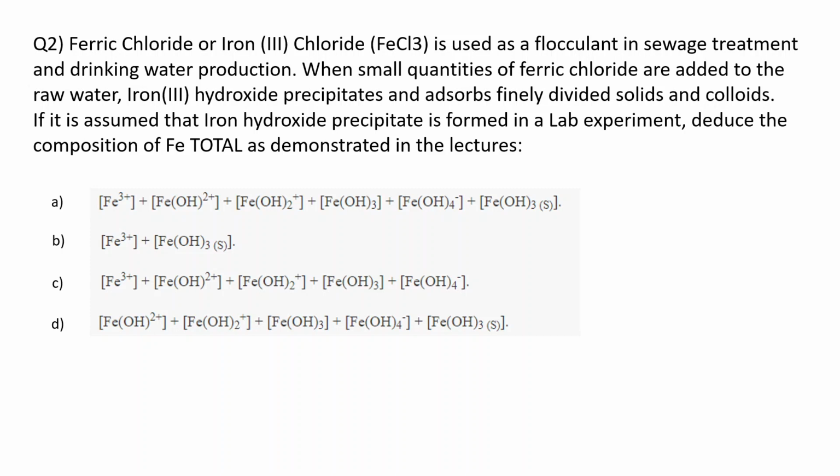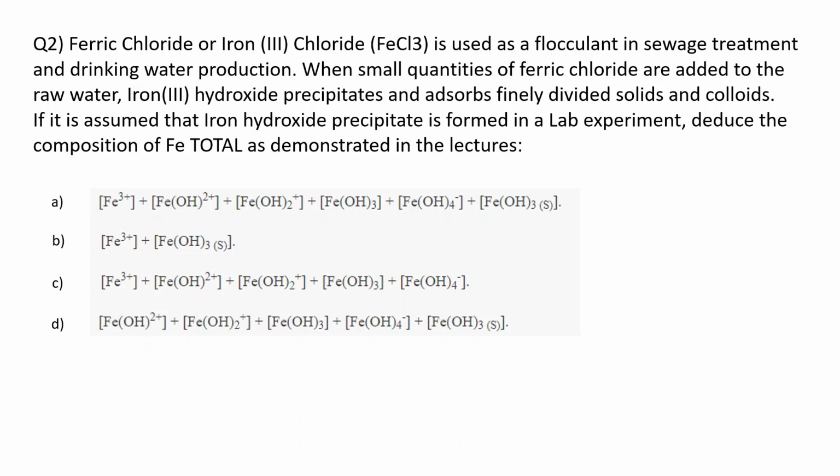If it is assumed that an iron hydroxide precipitate is formed in a lab experiment, deduce the composition of total iron as demonstrated in the lectures. Why have we mentioned lab experiment explicitly here?